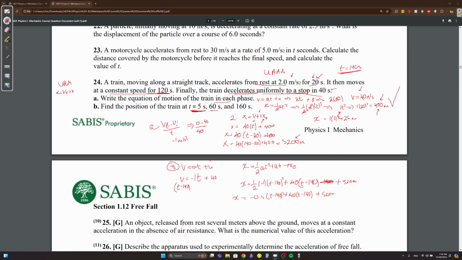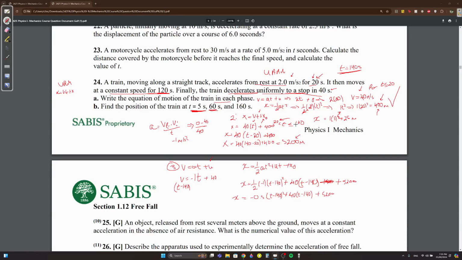Now 60 seconds, where do we fall? Surely we fall under phase 2. Phase 1 is for time less than 20. Phase 2 is for time less than 140, right? Yeah, less than 140 but greater than 20, in between 20 and 140.